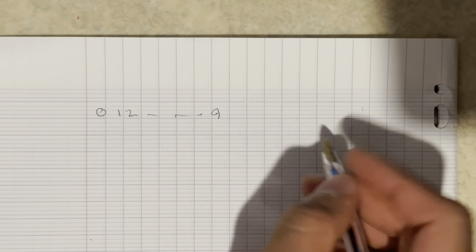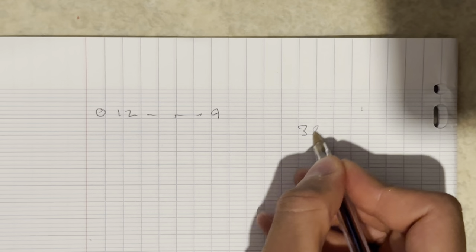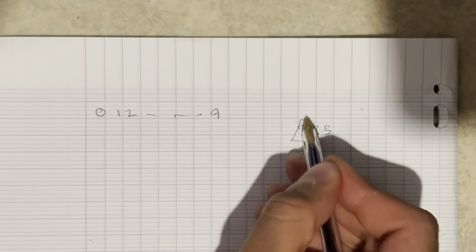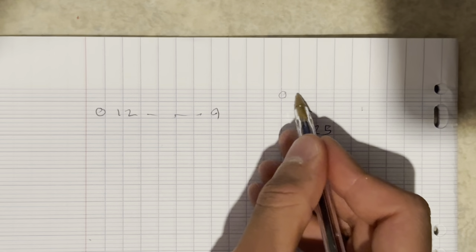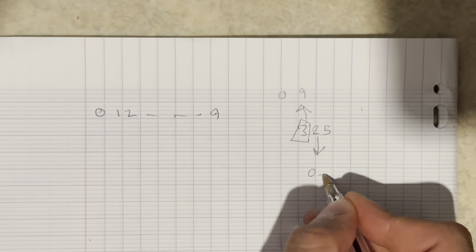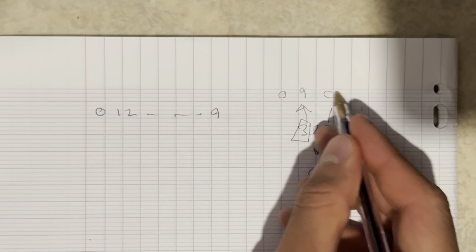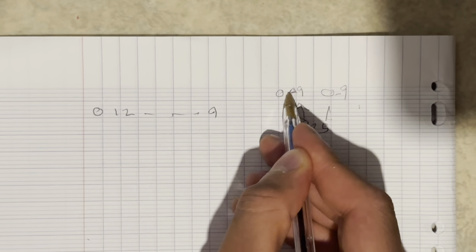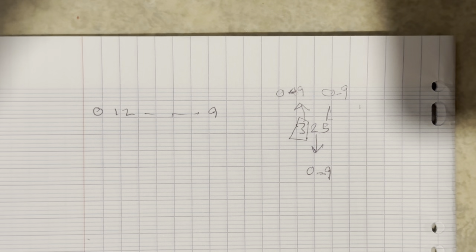Even with 325, for example, this one is 0 to 9, this one also 0 to 9, and this one also 0 to 9. So that's the decimal counting system that we are using.